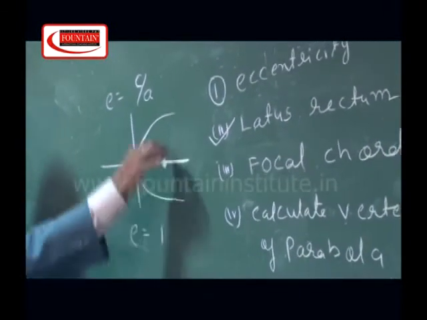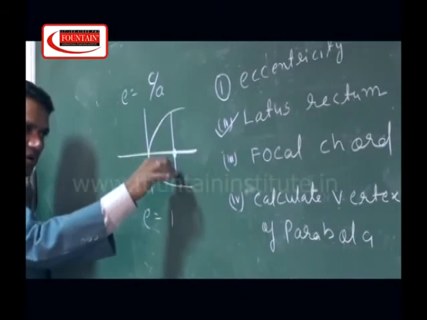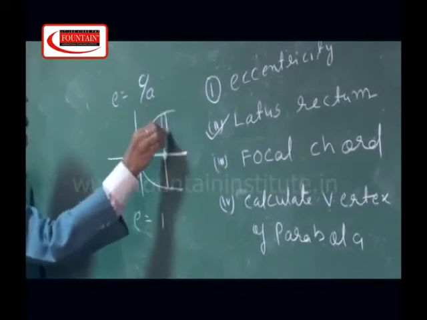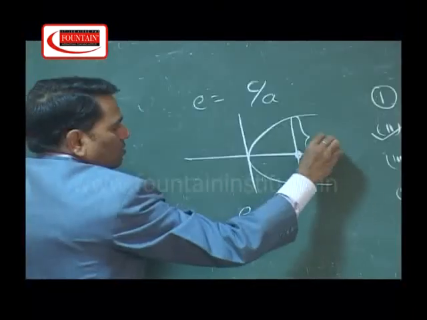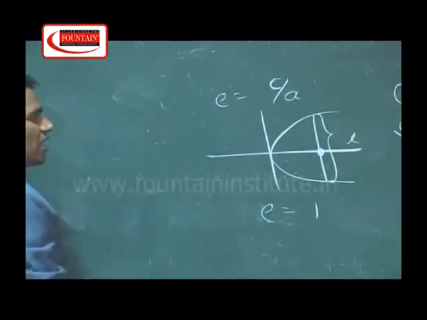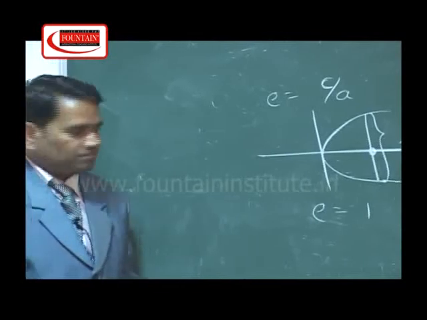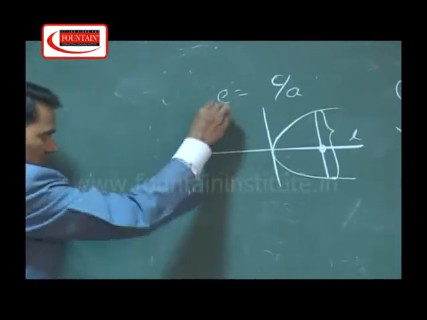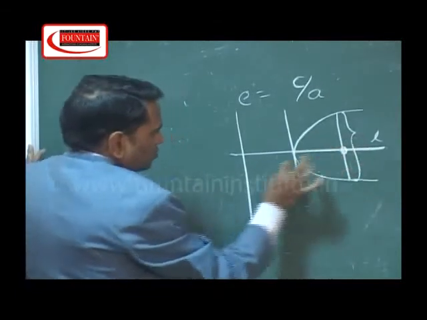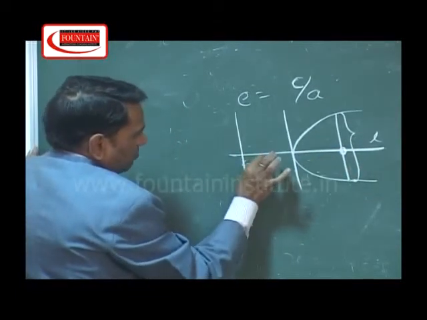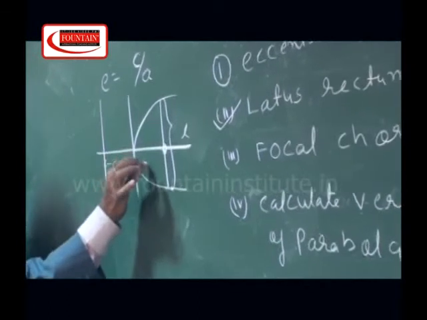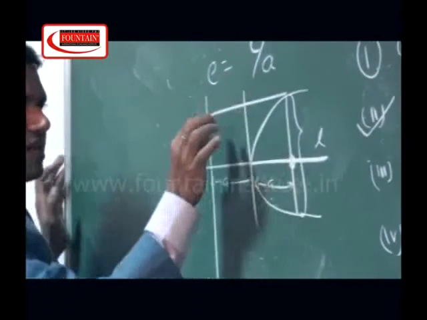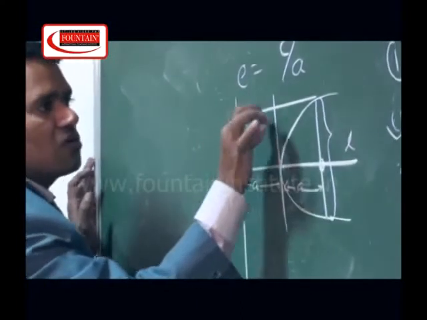To calculate the length of the latus rectum, suppose I denote the length by L. By the definition of the parabola, this is a, and this will also be minus a, but length is always positive, so the total length is twice a.